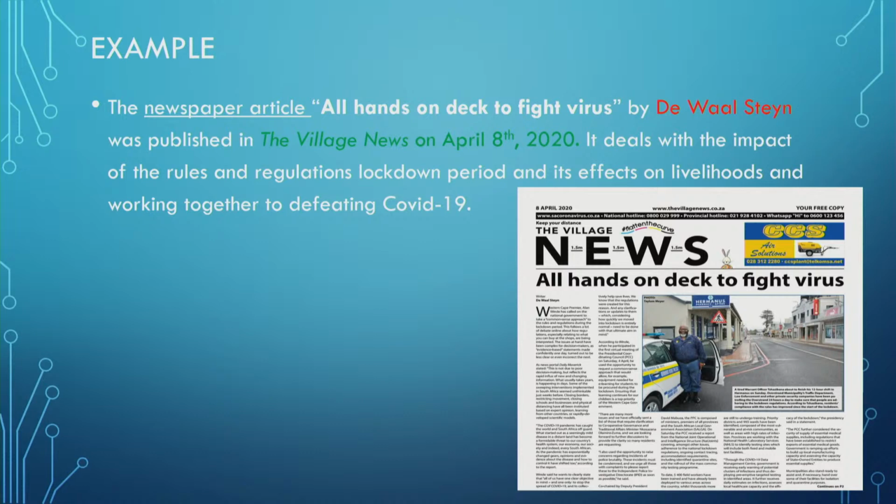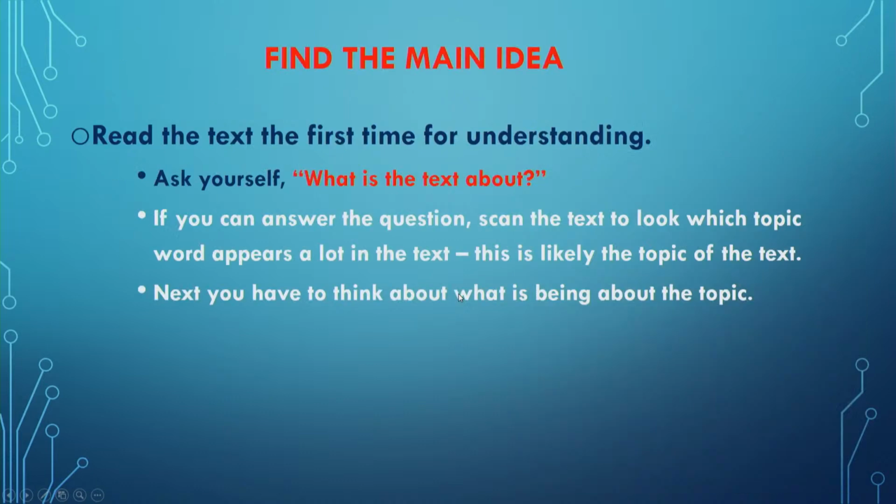It deals with the impact of the rules and regulations of lockdown period and its effects on livelihoods and working together to defeating COVID-19. So if you had to summarize this article, this is how your introductory sentence would have been, or introductory paragraph.